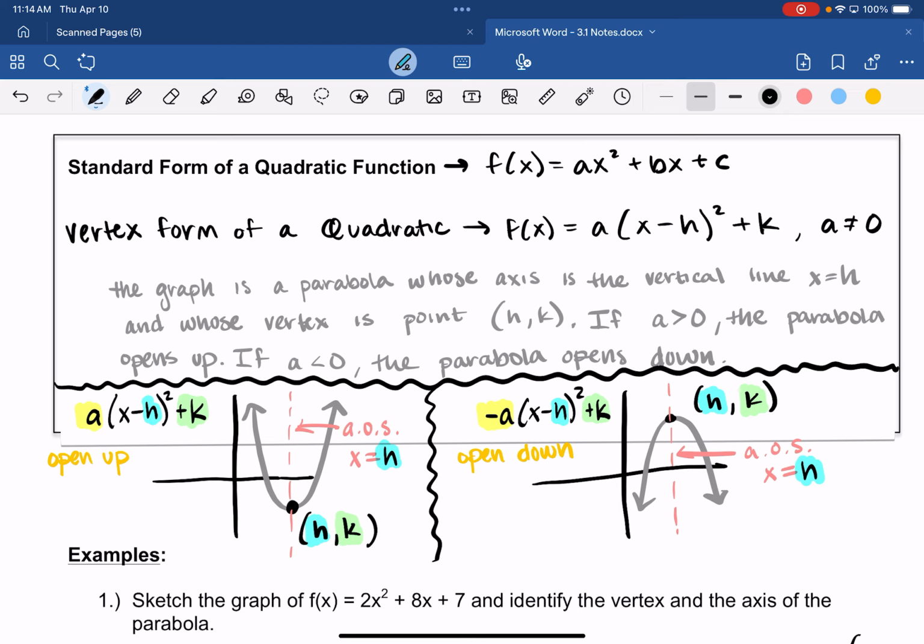All of this is talking about standard and vertex form, and I'll go into that in a minute after I let you guys write. If you are writing, can you just put your pencil down when you're done so that I know?